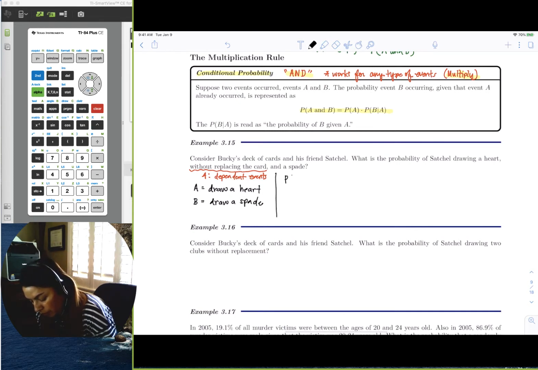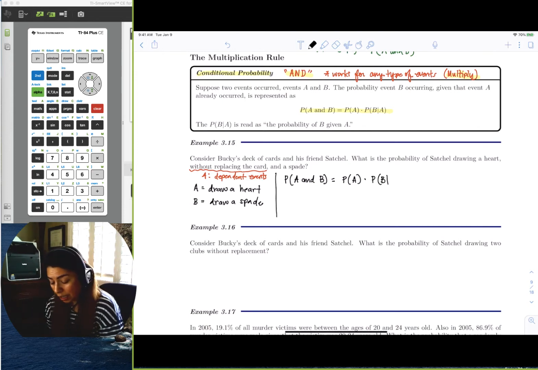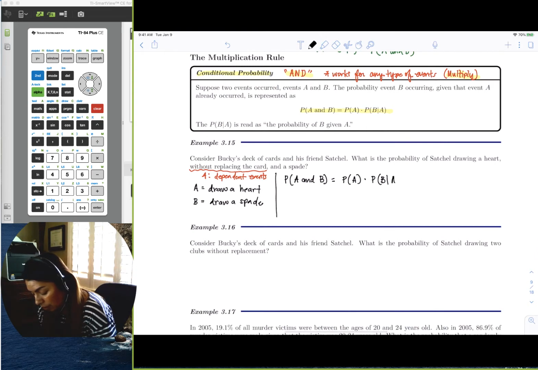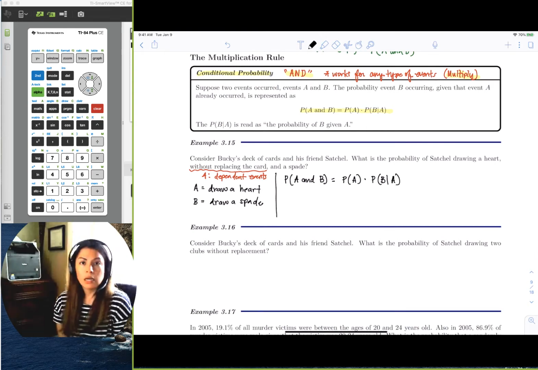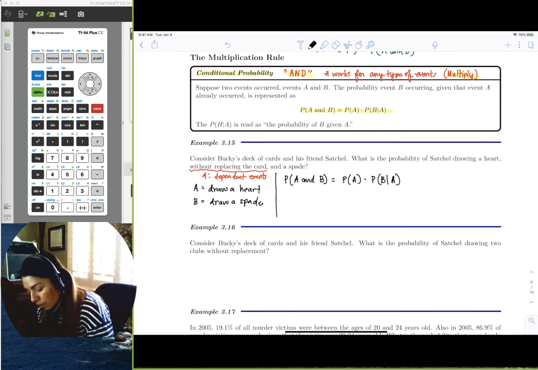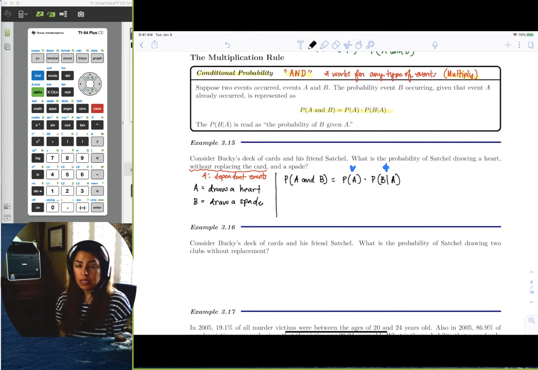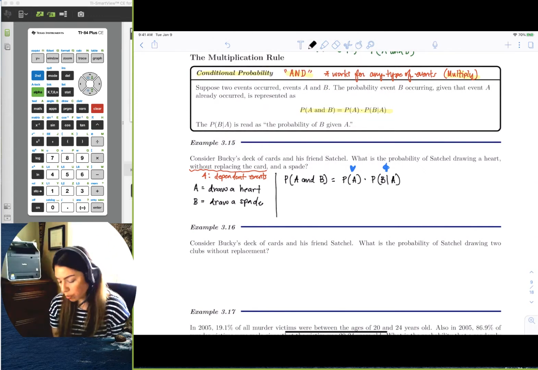So the probability of Satchel drawing a heart and a spade is equal to the probability Satchel drew a heart times the probability Satchel draws a spade, given that Satchel drew a heart in that first draw. Because these are dependent events, we know something is going to change on that second fraction.